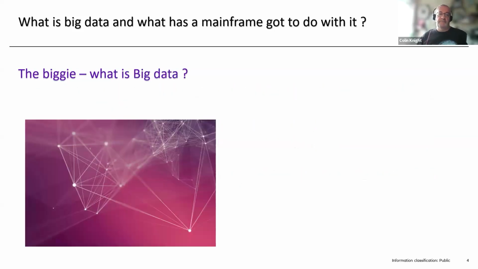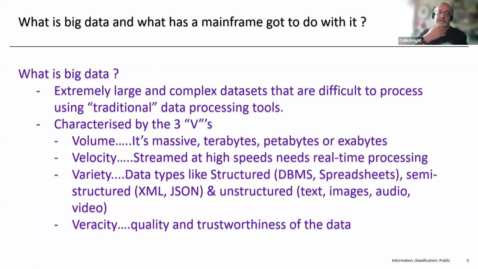Right, I'm going to ask that big question: what is big data? Happy for anybody to put anything in the chat for that, or put their hand up if there's anything anybody wants to call out, but I'll go through the definition anyway. This is the definition of big data basically.